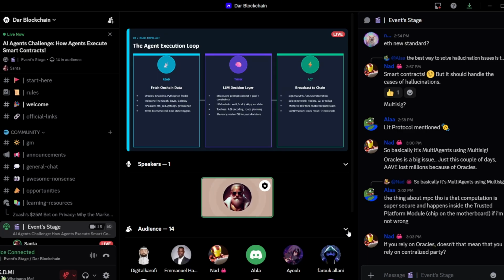Okay, let's now move to the think, which is the LLM decision layer. So now the data hits the LLM. The agent receives a structured prompt: here's the current state, here's the goal, here's your constraints.